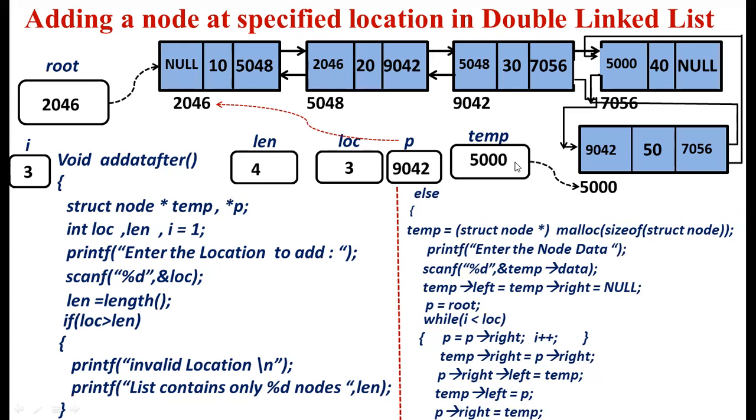So now this value also will get stored with 5000, and the connection will get established. So this is how we are going to insert a node after a specified location. This is the logic we use for adding a node at the specified location.